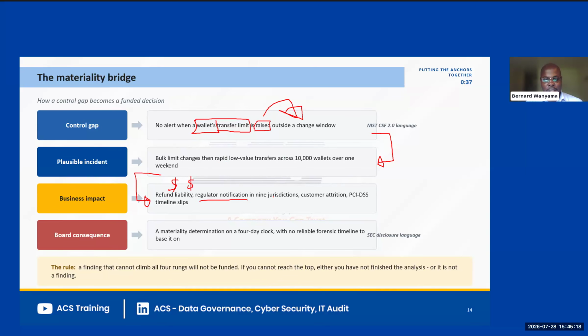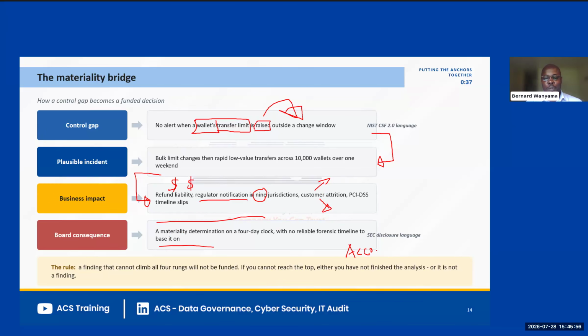You have regulators in 9 different countries that must be informed about this and notified according to their requirements. You have your customers walking away and leaving the organization, going to competition because nobody wants to do business with an insecure company or an insecure fintech. Then the board has to take responsibility because according to the SEC, the board has ultimate accountability for cybersecurity.